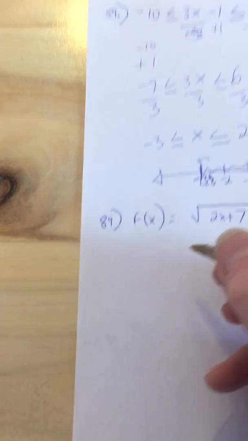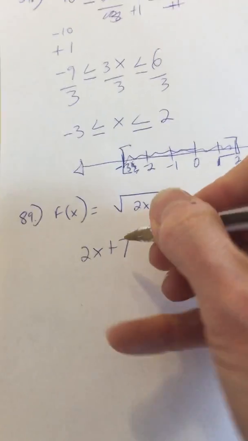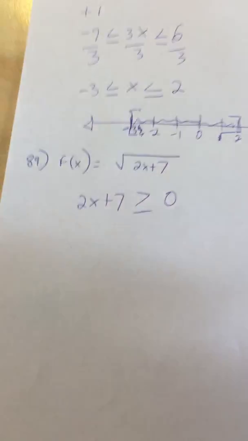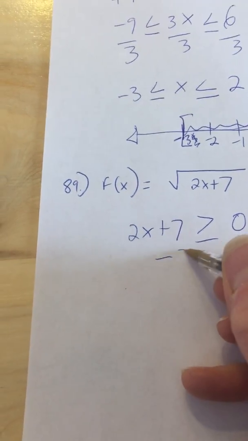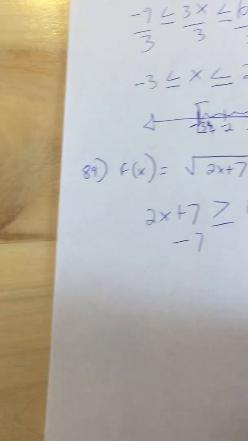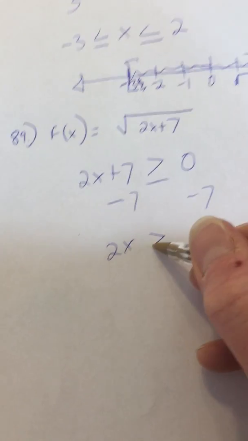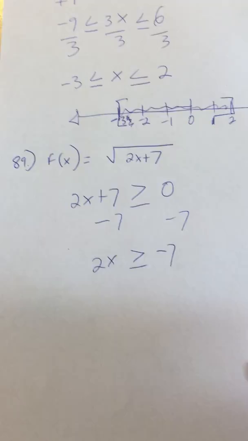All right, so for this one, I know that 2x plus 7 is obviously going to be greater than or equal to 0 because of the square root. So I'm going to set that next to there. I'm going to take away the 7 and take away the 7. And then I'm going to have 2x is greater than or equal to -7.